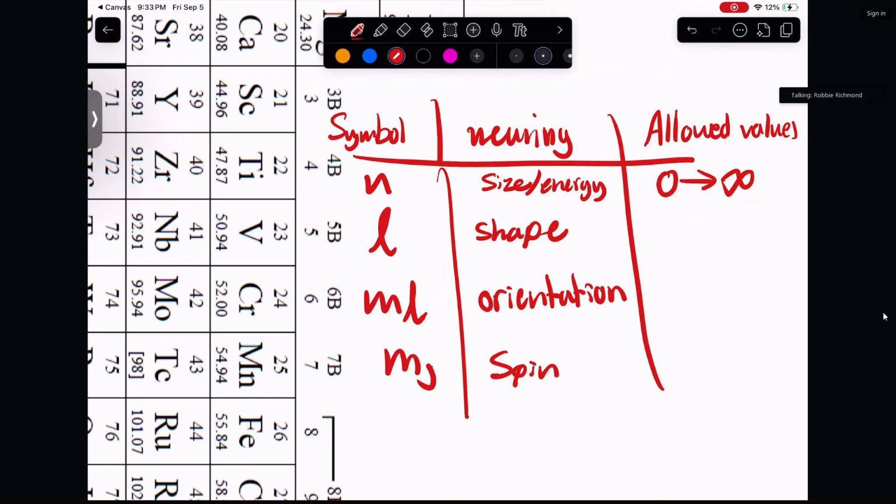And then l is going to be 0 to n minus 1. There's a big misconception here that l is n minus 1. It's not. That is a single possibility. It is a range from 0 to whatever n minus 1 is. Then orientation, ml, is going to be negative l to positive l. And spin, pick your poison: it's going to be plus 1/2 or negative 1/2.